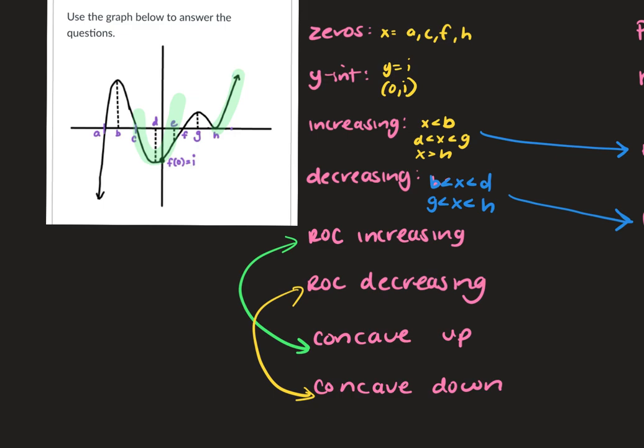So it would be rate of change increasing from C to E, and from X is greater than H. Then the rate of change decreasing, or your concave down, was here and here. So let me start in order. X is less than C, and it's in between E and, I just wrote on it H, right? That's what's there.